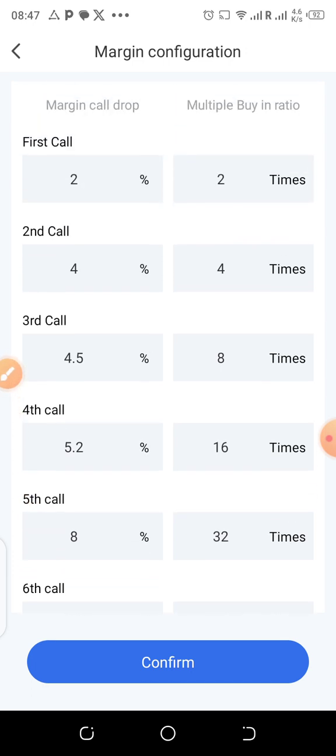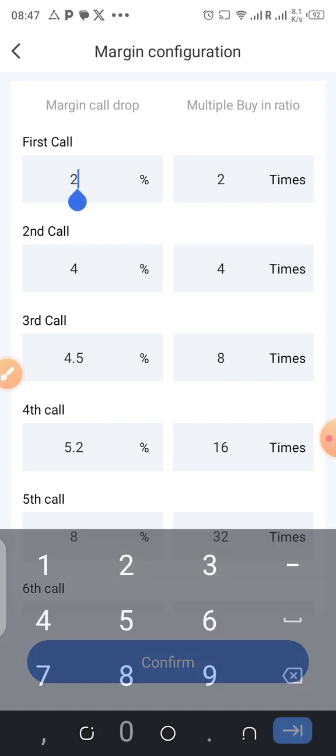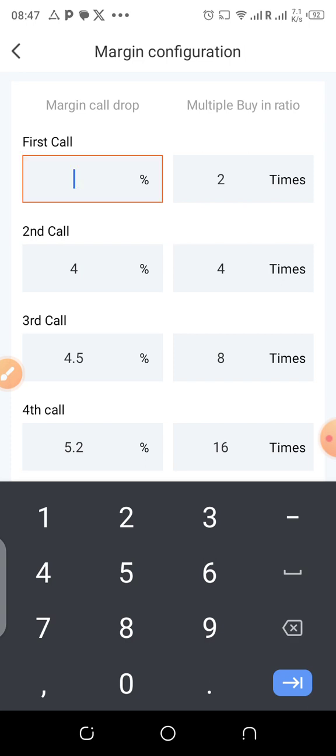So first call, what takes place in the first call? Here you are telling your robot, let's say if the market drops by 0.5%, let the robot buy 2 times of your first buy in amount. So this is called the double up method.